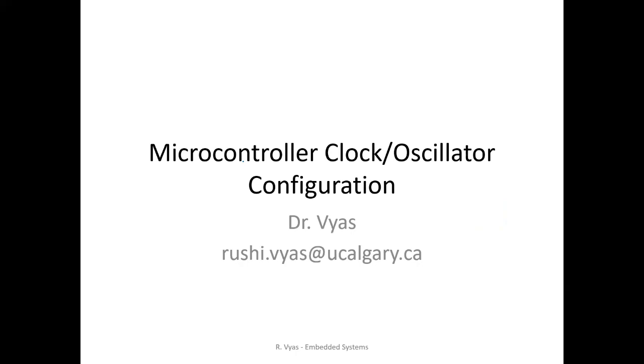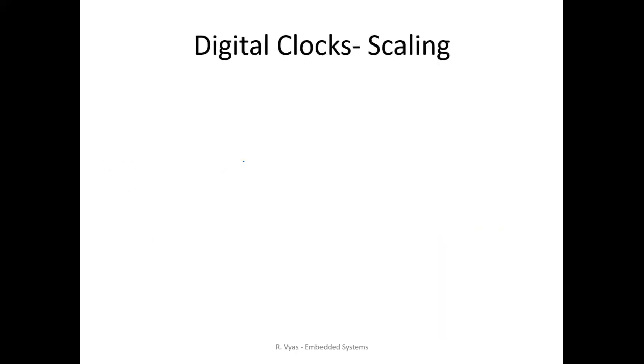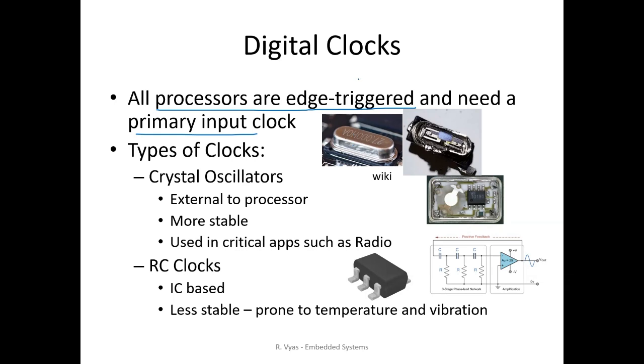If you have a clock signal, each line of code gets implemented at this edge or this edge or this edge. So basically, all processors are edge triggered. In other words, things always happen at these clock edges. And at these edges is where ones and zeros move out of digital logic circuitry, in the processor as well.